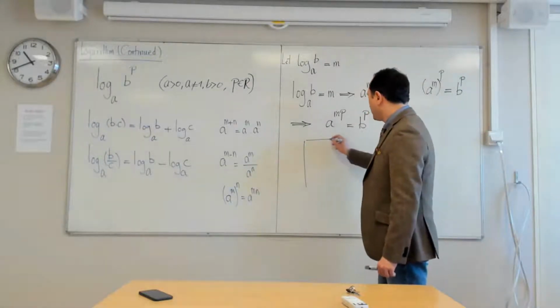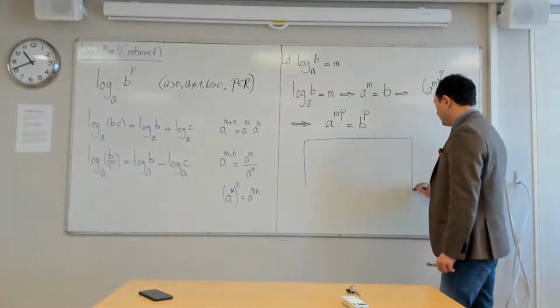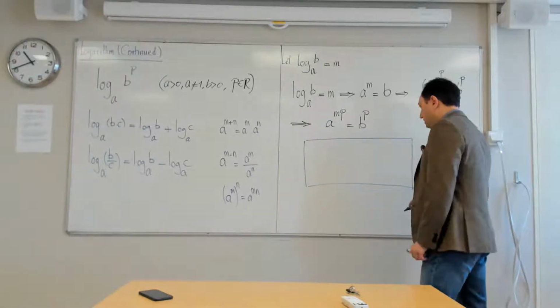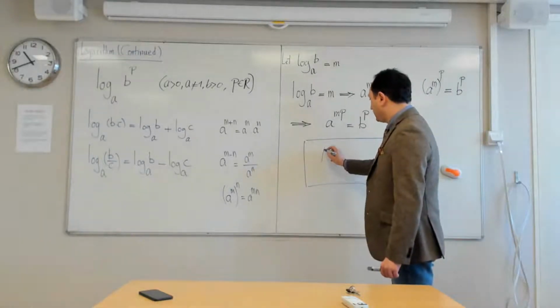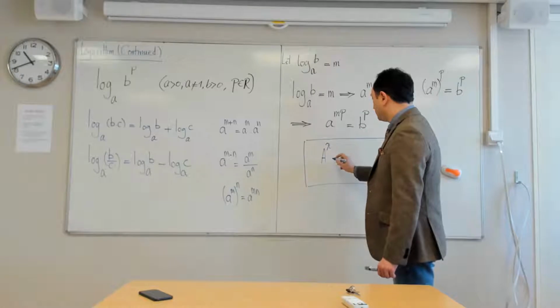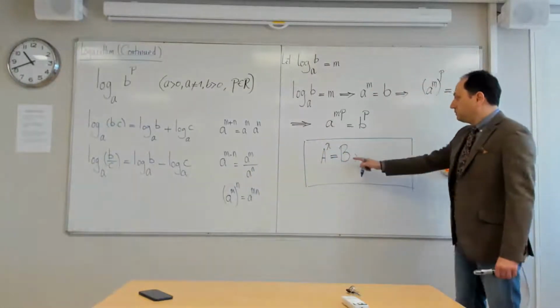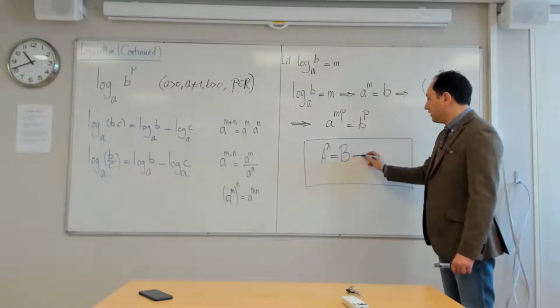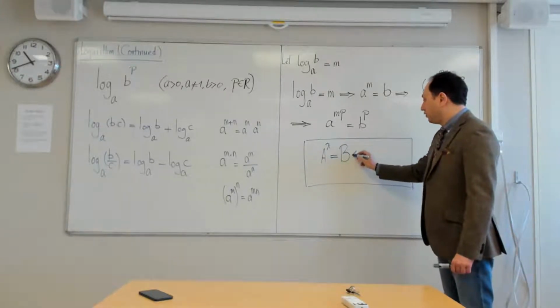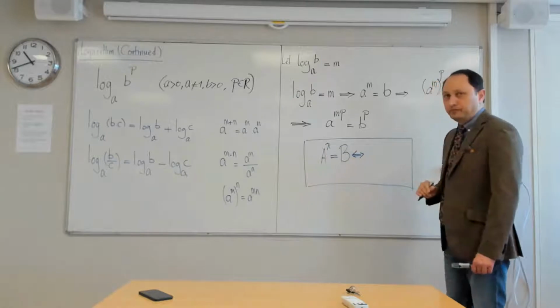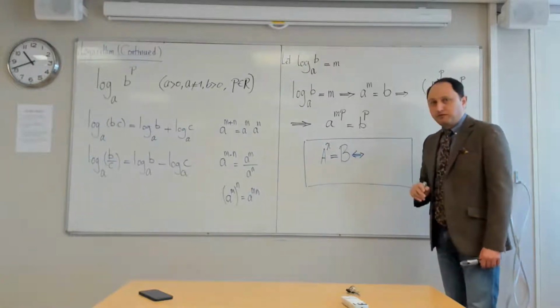It's crucial to broaden your point of view. You need to trust yourself. So let me rewind again. If I want to write it in logarithmic form, this is an exponential form, and I want to write it in a logarithmic form.